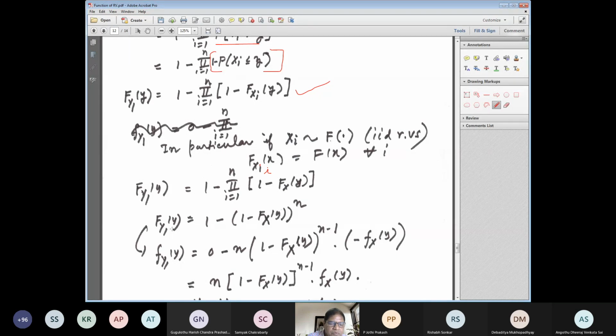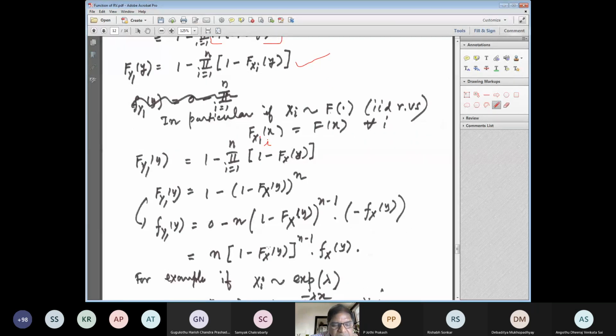Now if I want to find the PDF, I take the derivative with respect to y. This is 0, this is n times this bracket to the power n minus 1, and the derivative of the inside. The derivative of the inside is the derivative of F_X, which is the density, since F_X represents the CDF of random variable X. So it becomes the density function of X with dummy variable y.